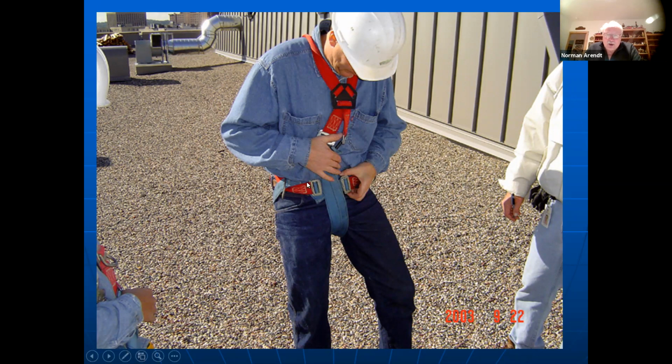Does anybody know what's wrong with this harness? It's being put on backwards. And proper training should tell them that this has to be in the back of the person, between their shoulder blades. So there's a whole lack of training that has occurred.